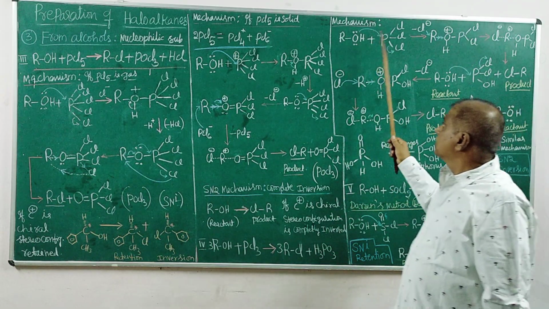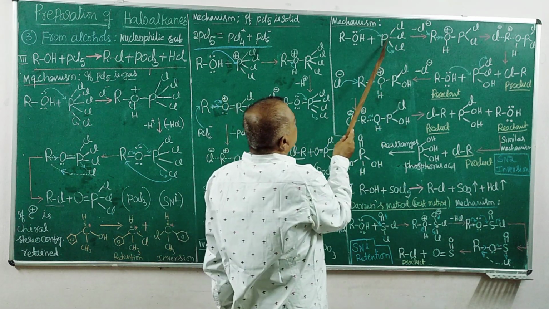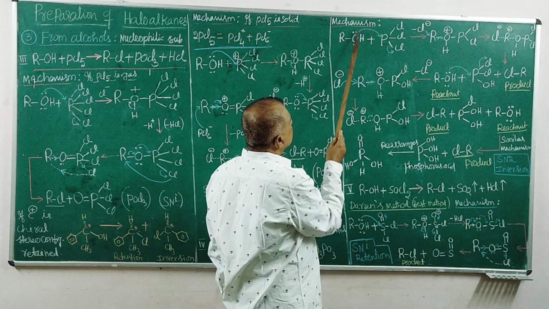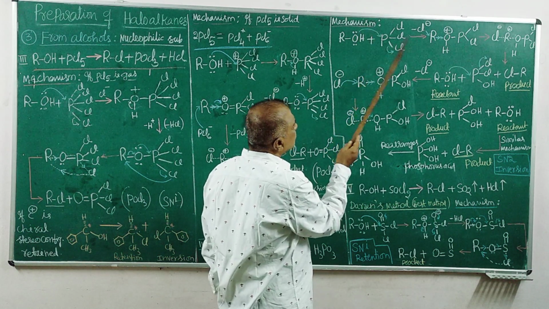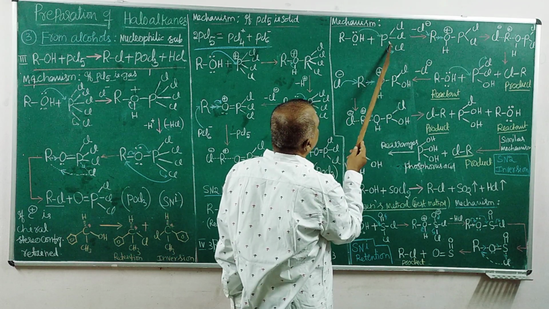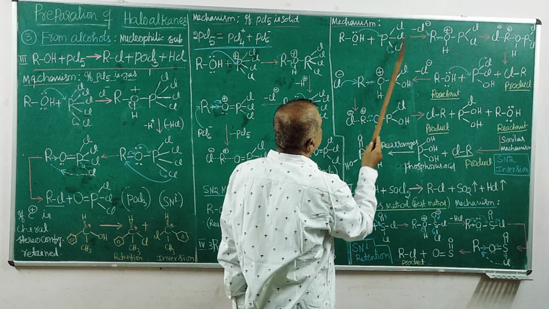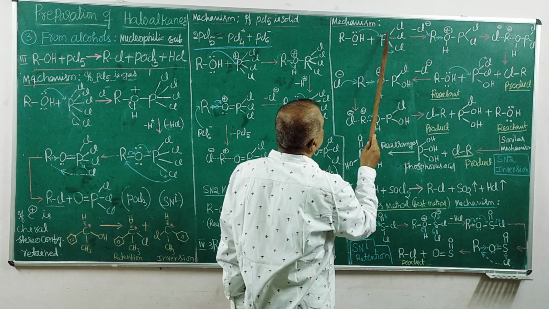Reaction mechanism. First step is always the PCl3. This P is reactive towards oxygen because of its lone pair of electrons and tends to form a chemical bond. As it tends to form a chemical bond, this chemical bond begins to break away as Cl minus, taking both electrons. This becomes plus, this becomes minus.